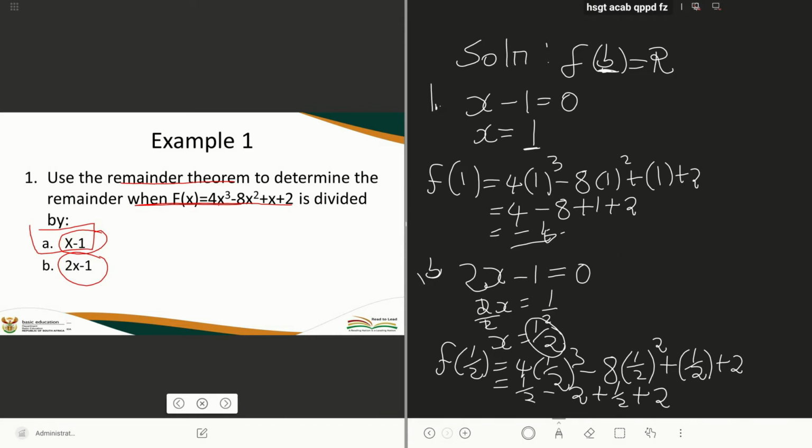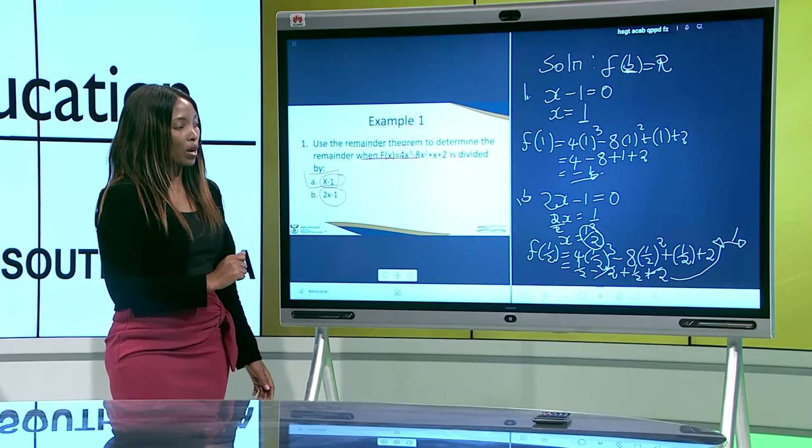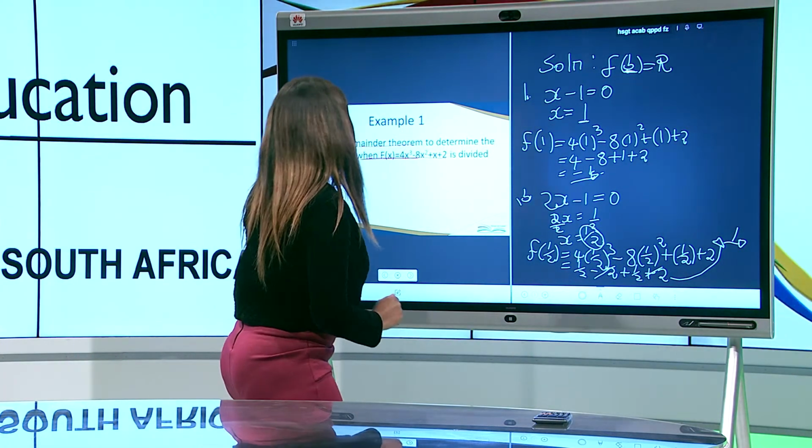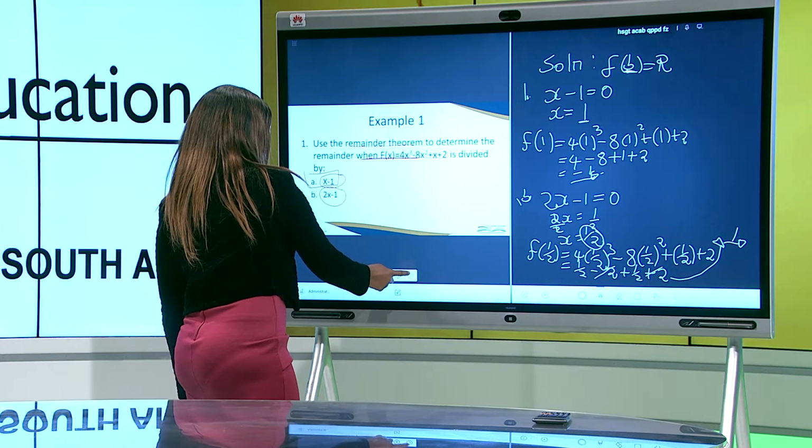Plus 2. So as you can see here, 2 minus 2 is going to be 0. Then half plus half, our answer is going to be positive 1. So in this case, if my f at x is divided by 2x minus 1, I'm going to get the remainder of positive 1. Okay.